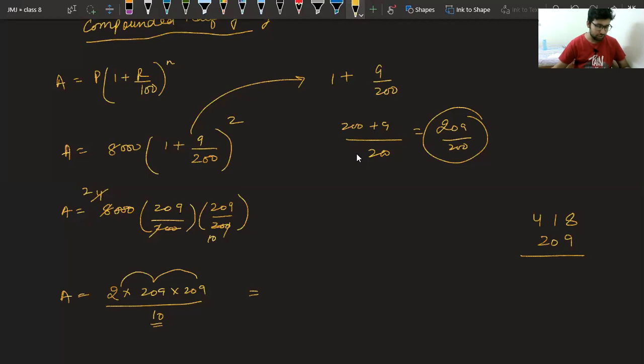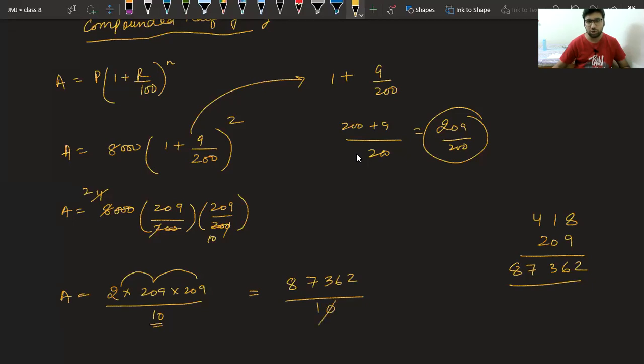Tell me fast. By multiplying these two, what will you get? We will get 87362 by multiplying these two. Yes, Harshul, good beta. So we have got 87362 upon 10.